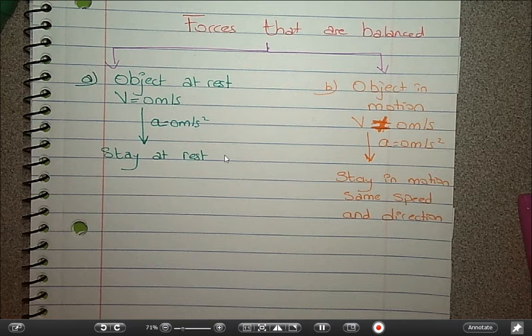If the object is moving 5 meters per second east, and then after like 5 minutes, they turned and went to the west, then we know that we are not talking about Newton's first law anymore, because there was a change in the direction and the speed. Okay?